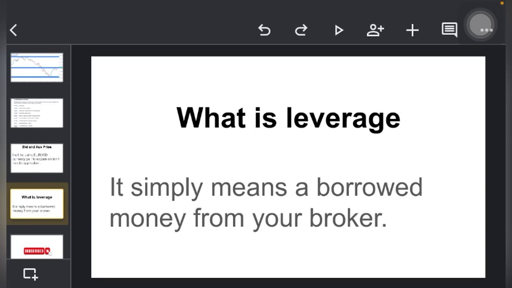Now let me warn you in this Forex trading workshop currently. Let me warn you, leveraging is very bad. Leveraging is very good. Leverage is very bad when you don't have a good edge in the market and you're leveraging yourself.